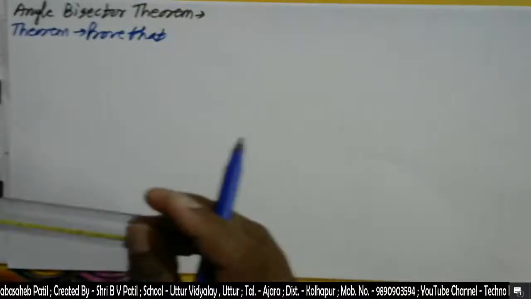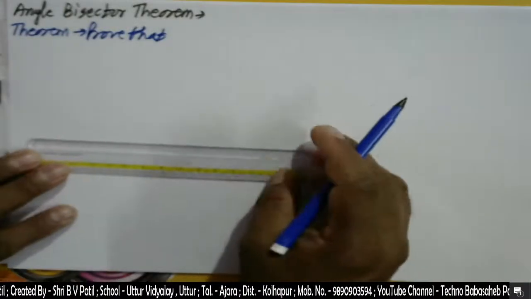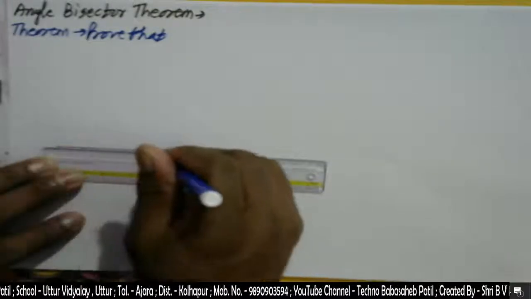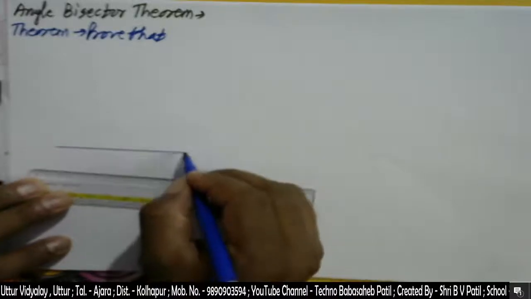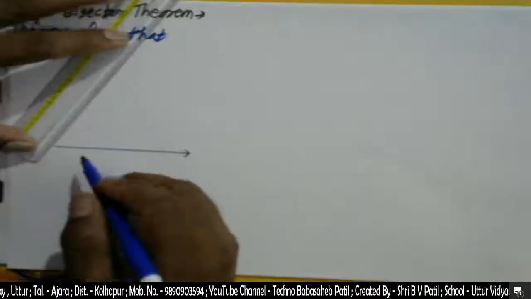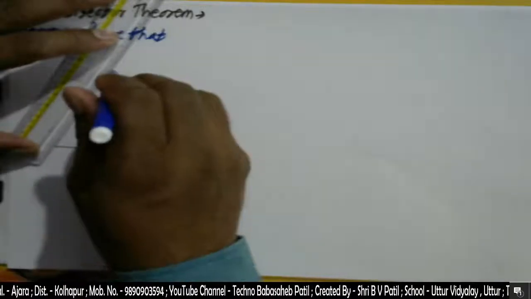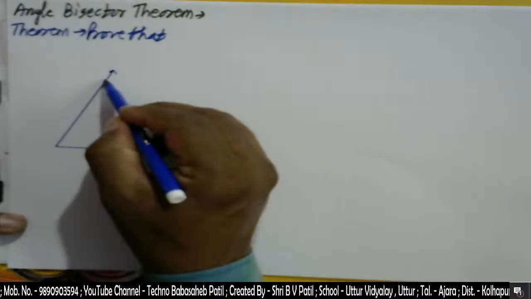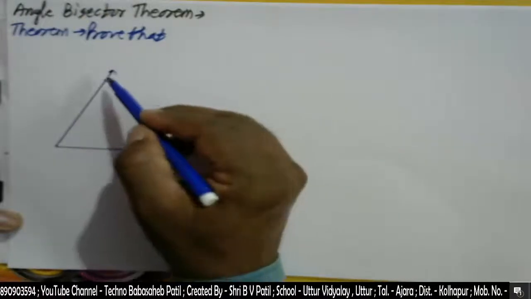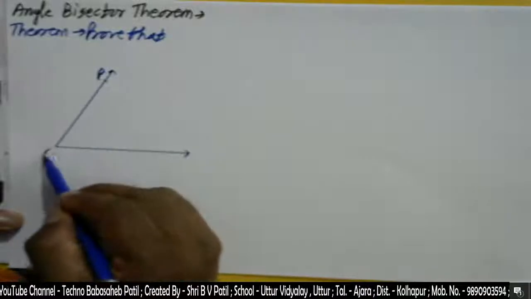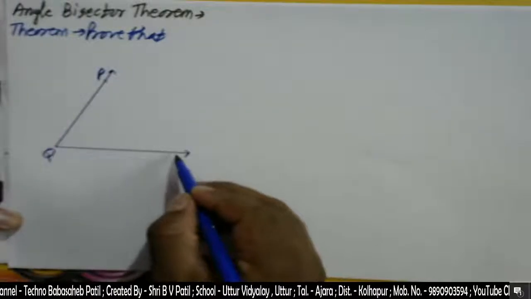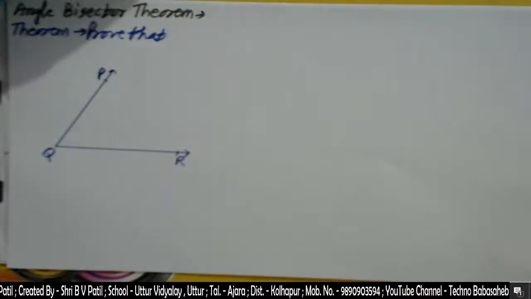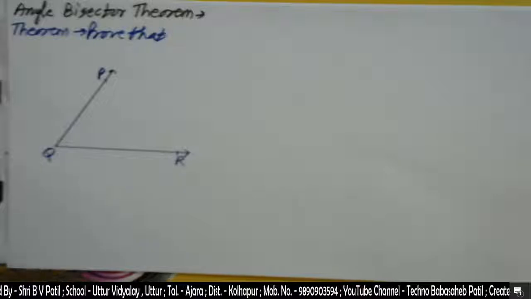Here we draw angle PQR, that is the angle, and we want the angle bisector.